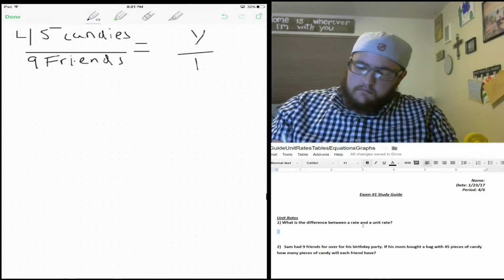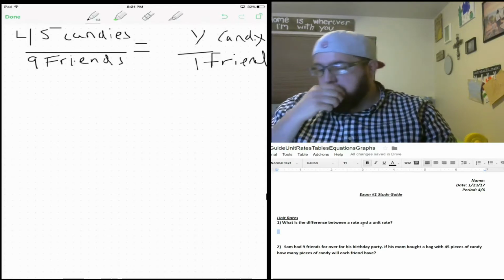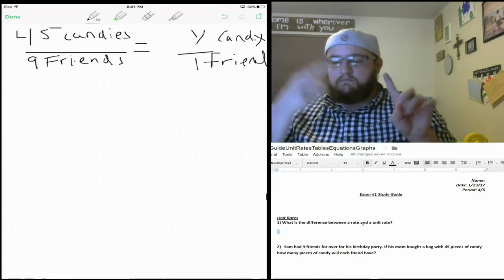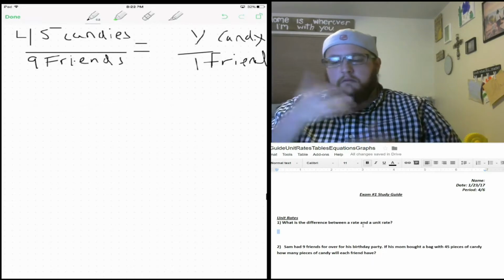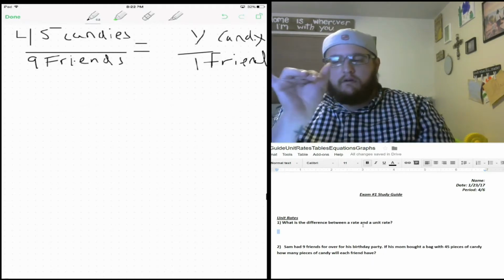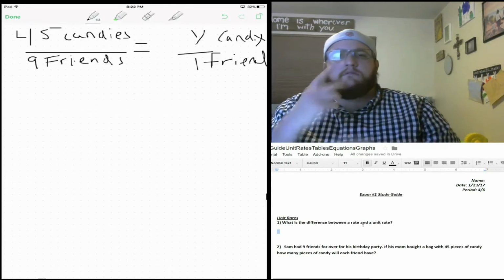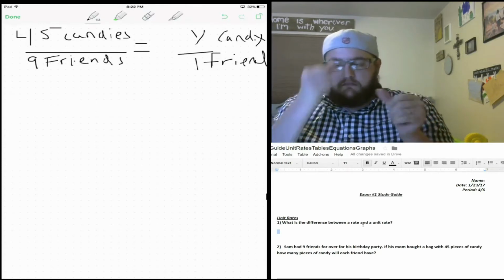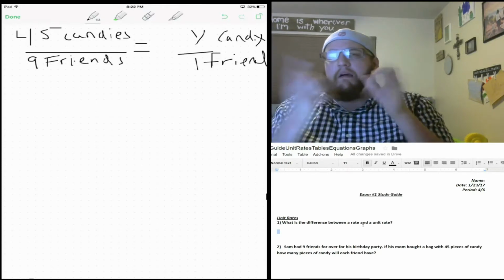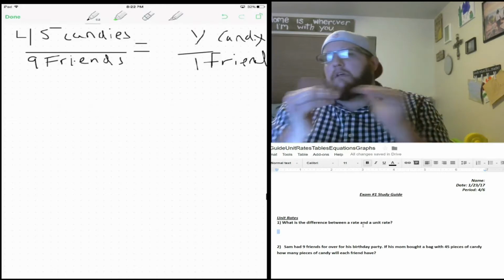Therefore, friend is changing to 1, so friend will be the denominator, leaving candies as the numerator. So our goal is some number of candies, we'll call it y, per, or divided by, 1 friend. In other words, how many candies or y candies for each friend.